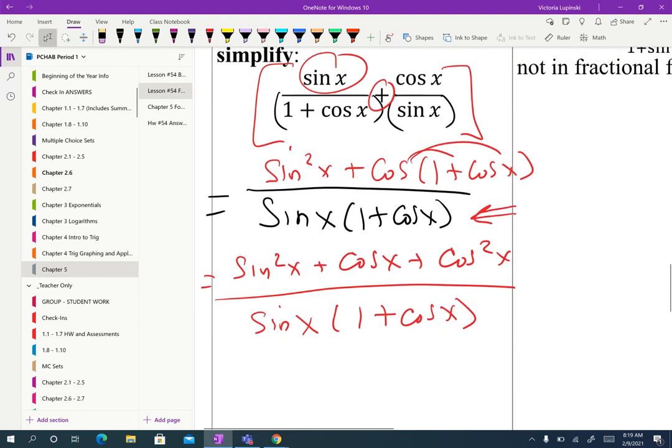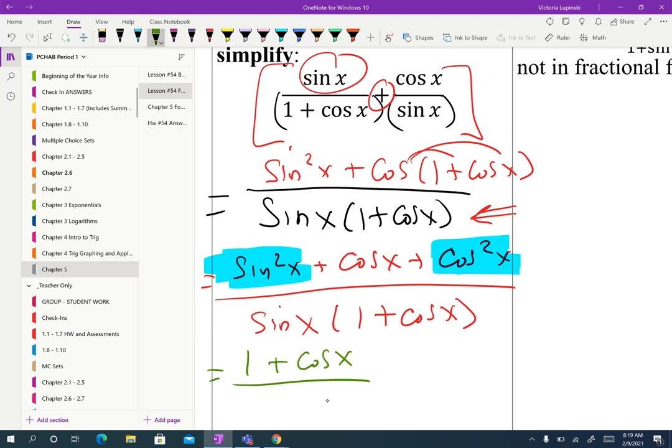So then there's a little bit of a hidden identity there in the top. You have a sine squared and you have a cosine squared. Even though they are not next to each other, they still together make a 1. So I'm going to replace all that blue with a 1 plus cosine over my still unmultiplied denominator.